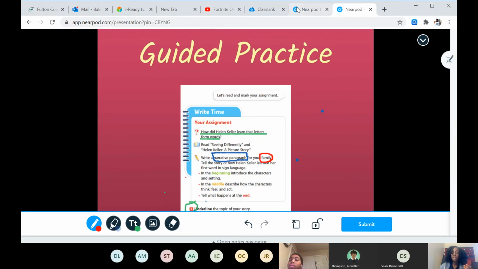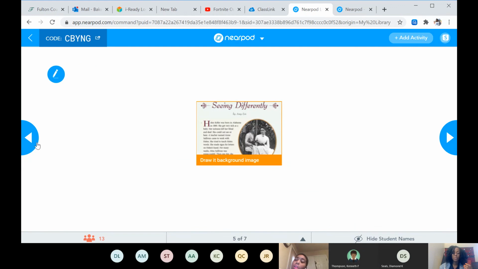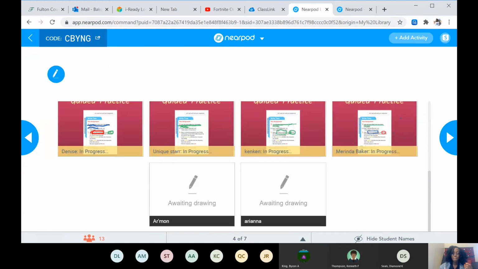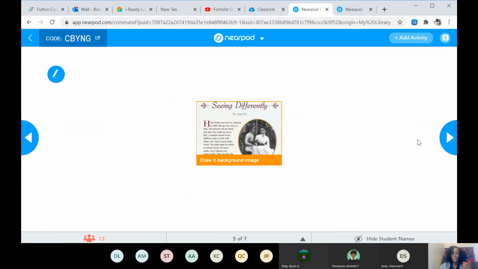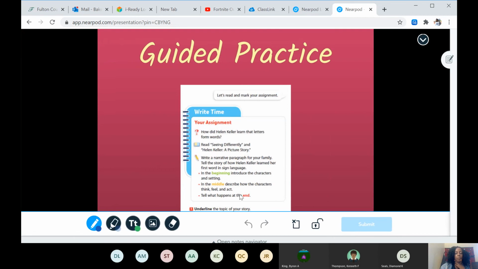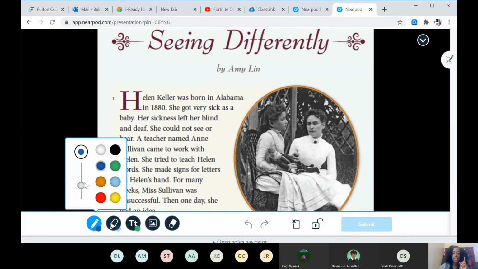All right, so let's go on to the first part of our story. All right, and so as I'm reading, and right now we're gonna read this first part together. I want y'all to tell me, think back to the beginning. First, I know I'm gonna need a green drawing tool. What am I gonna be looking for in the beginning of our story to underline?